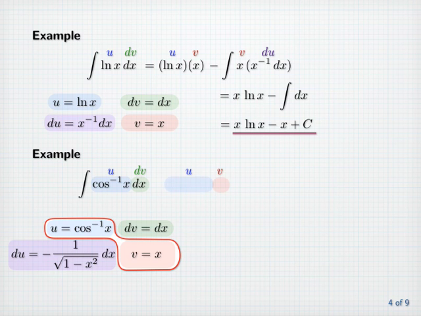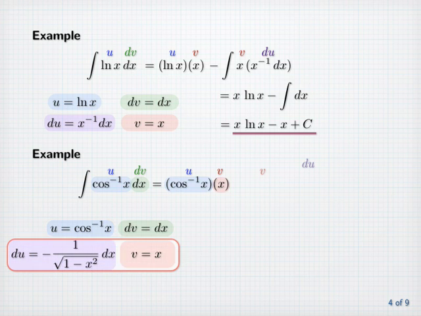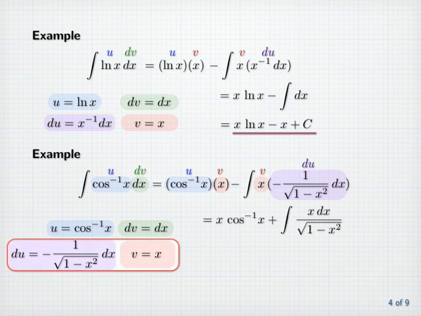So now we have u times v, or inverse cosine of x times x, minus the integral of v times du, which is minus the integral of x times minus 1 over the square root of 1 minus x squared dx. So now we have x times inverse cosine of x plus the indefinite integral of x dx divided by the square root of 1 minus x squared.